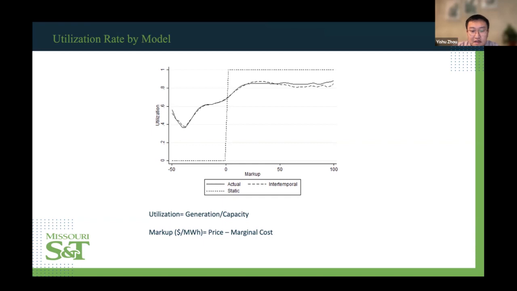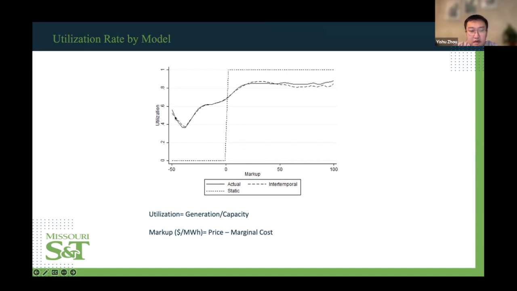If we use a static model, meaning that each period's decision is independent, then we should produce at full capacity whenever the markup or the profit is positive. And we should produce nothing, completely shut down, whenever the markup is negative, which is illustrated by this line here.